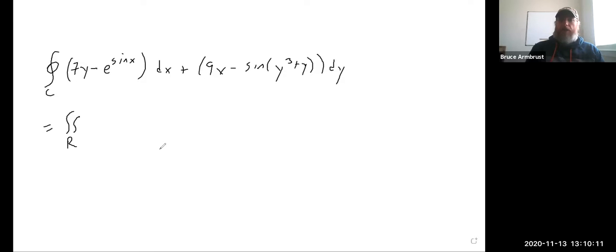Okay, so Victor just put in the chat box that it's Qx minus Py. So we need Qx minus Py, and then that's going to be dA. Okay, so Q and P, those are the components of the field, right? Because the field in this case is P comma Q. If you are using my notation that I slip into, this would be Nx minus My. All right, so far so good.